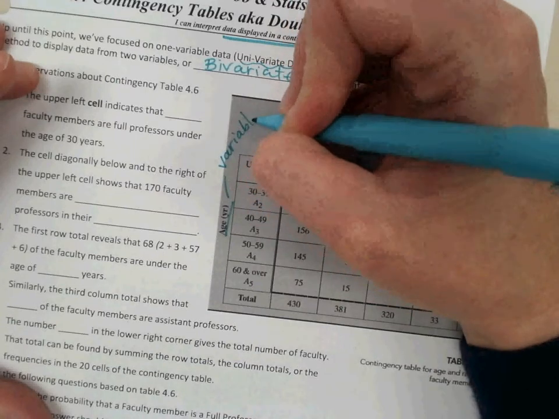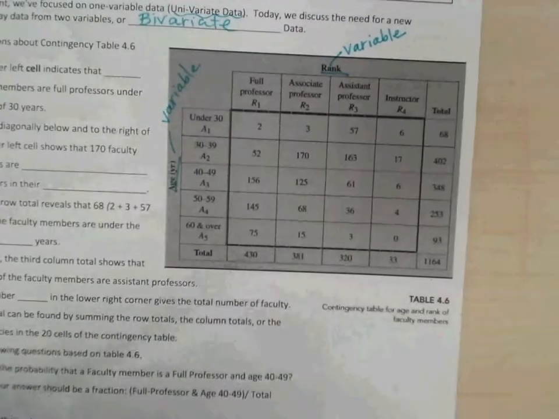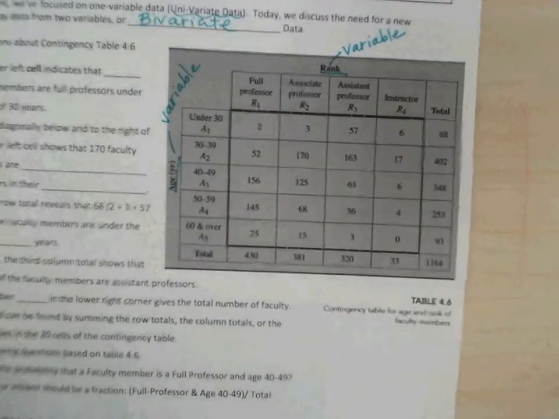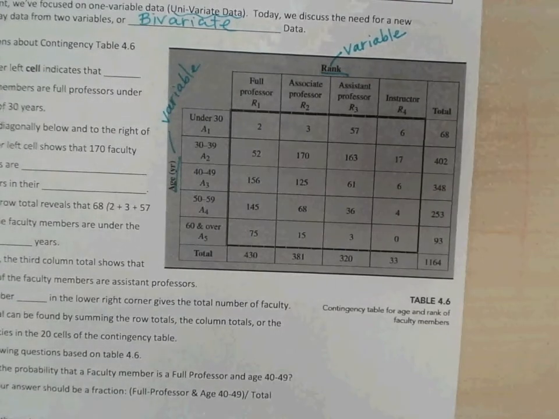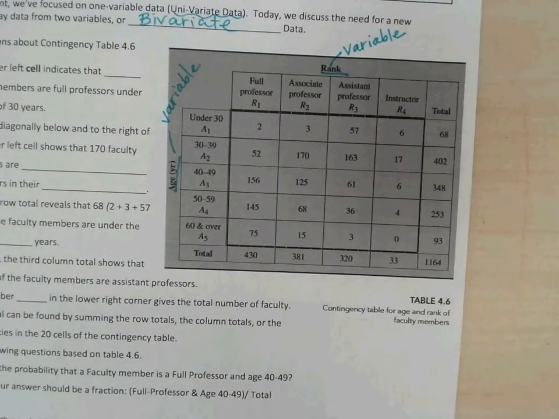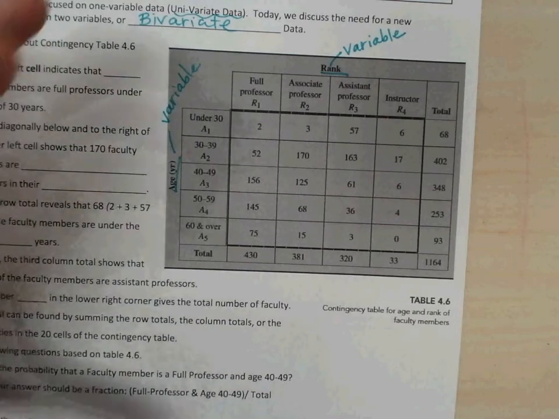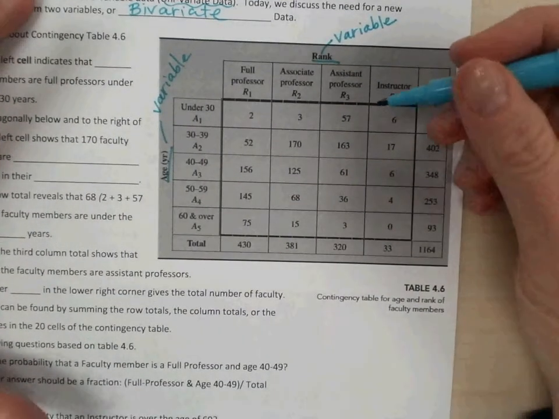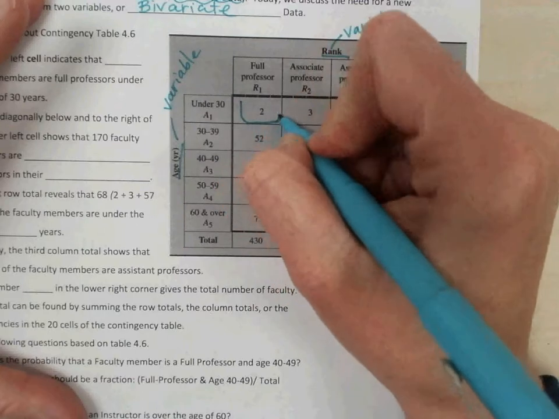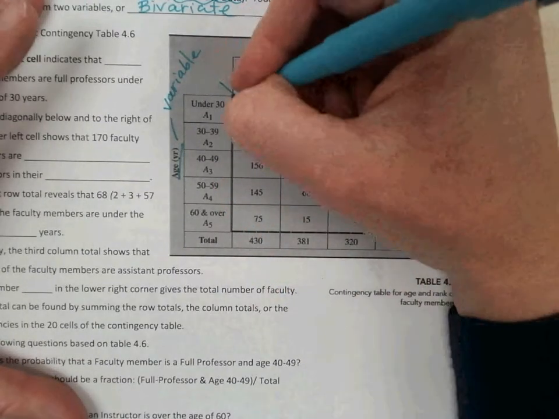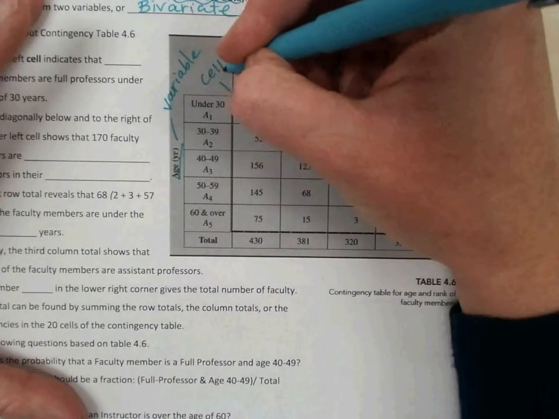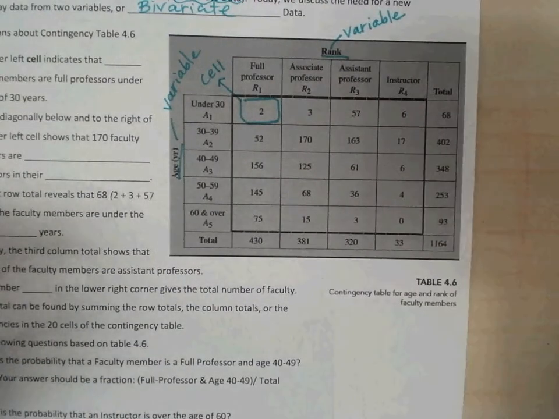And this is review: when we only had one variable, it was typically just two columns where we had a frequency distribution. And then each one of these rectangles is called a cell, just like in Google Sheets or Microsoft Excel.